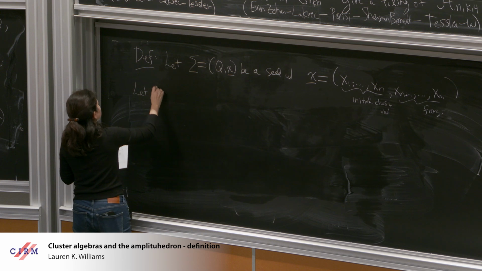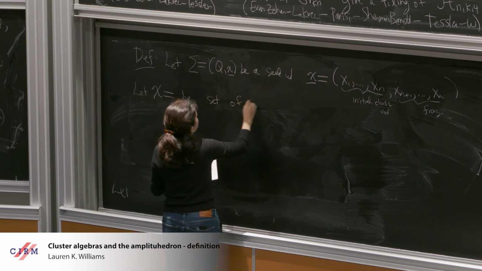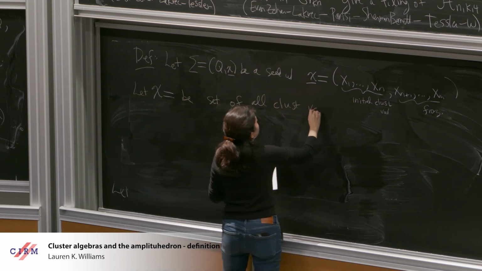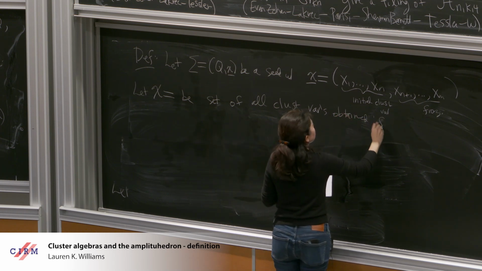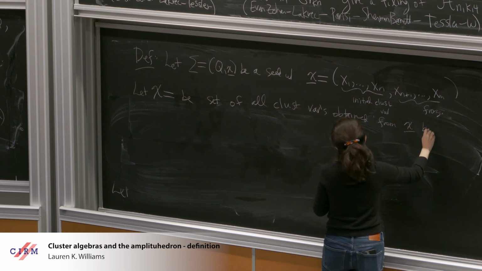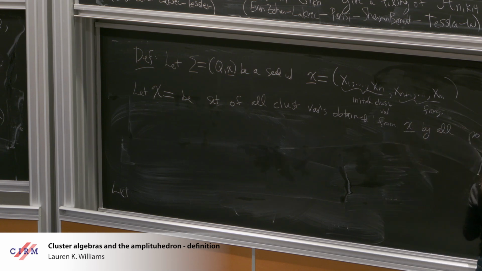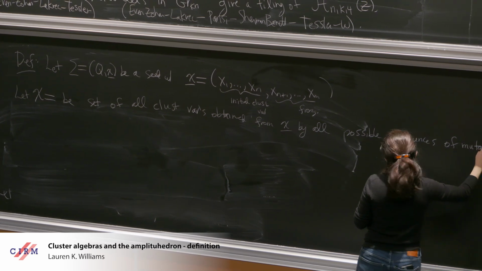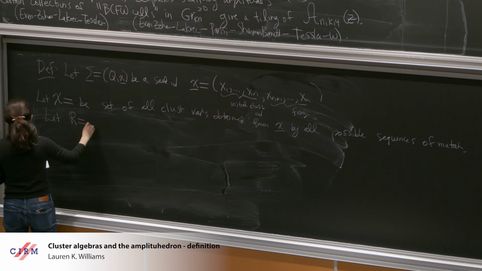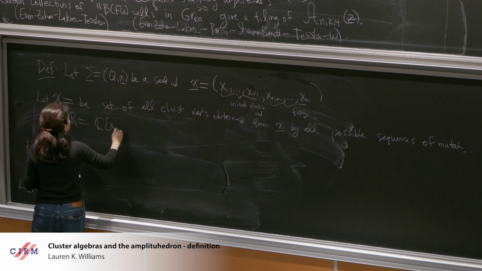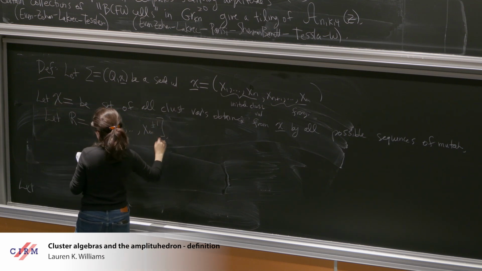And then we let chi be the set of all cluster variables obtained from X by all possible sequences of mutations. And we'll let R be our ground ring consisting of Laurent polynomials in the frozen variables.